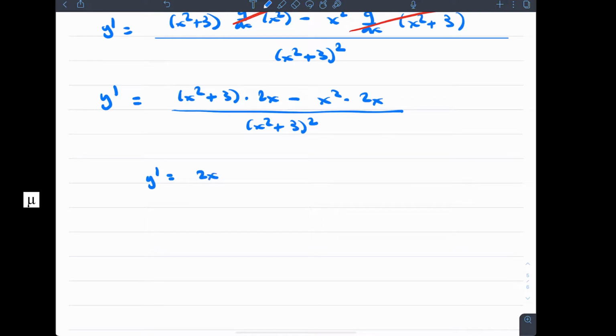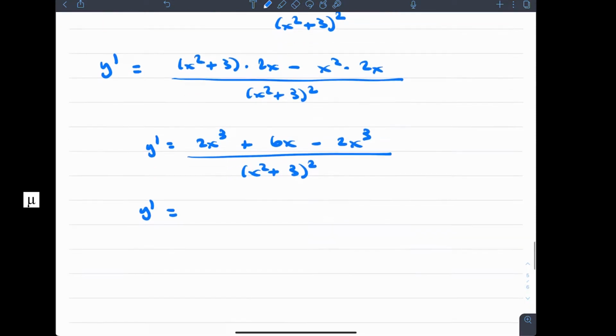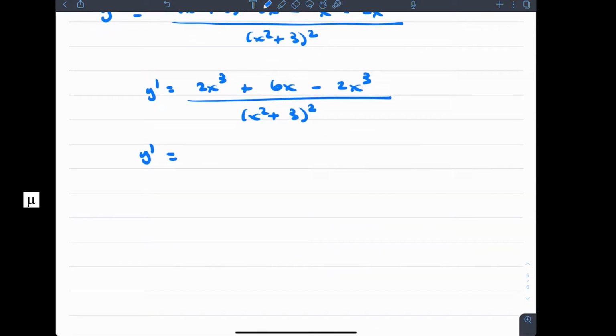Now we get 2x cubed plus 6x minus 2x cubed, everything over x squared plus 3 squared. Okay. Do you guys know what happens with that 2x cubed? Cancels. We have 6x over x squared plus 3 squared.